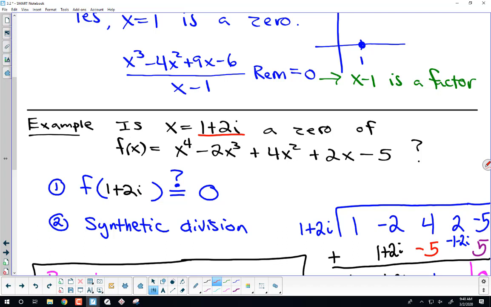That would be given to you in the problem. If it was the other way, if nothing was given to you, it would say, hey, here's this function, x to the 4th minus 2x cubed, etc., and it would just be hanging out by itself. Then it would ask you, what are the zeros of that? You have to come up with them, and you have to factor that. And ultimately something like this would have 4 factors or 4 zeros because it's an x to the 4th.